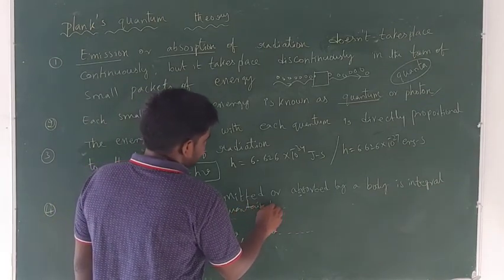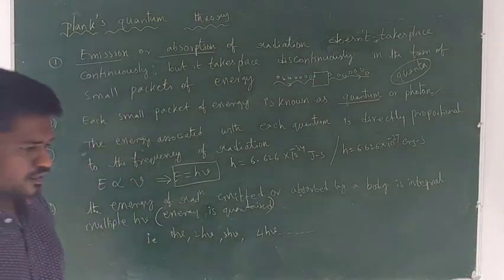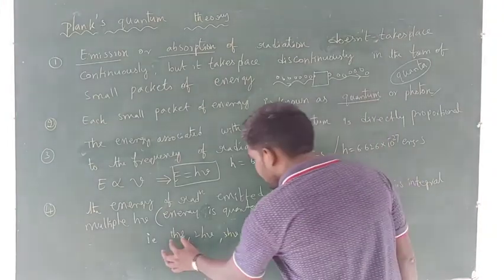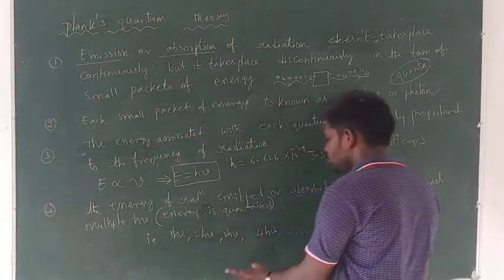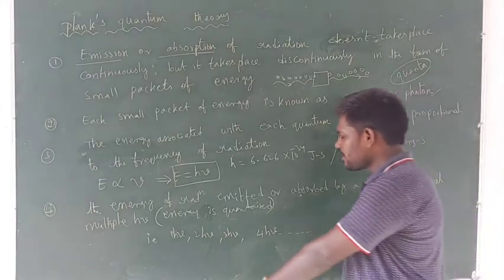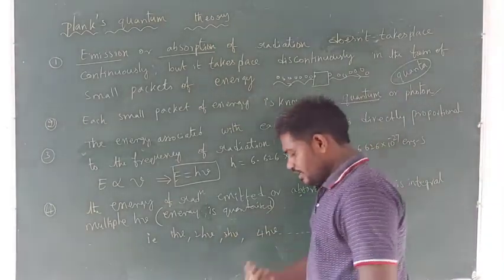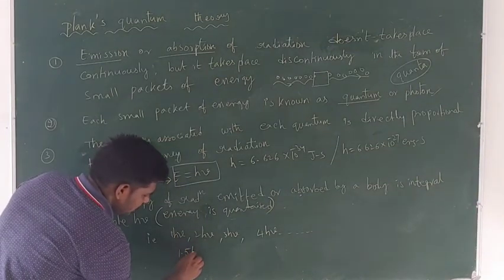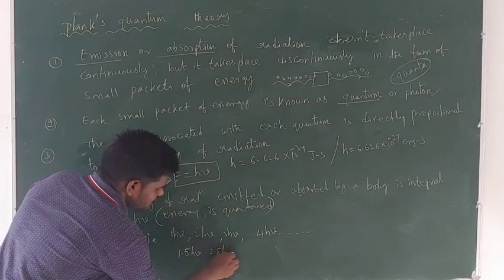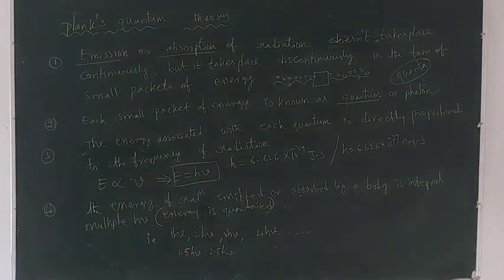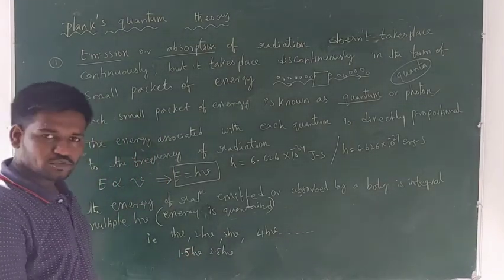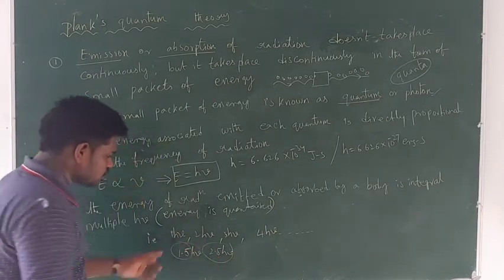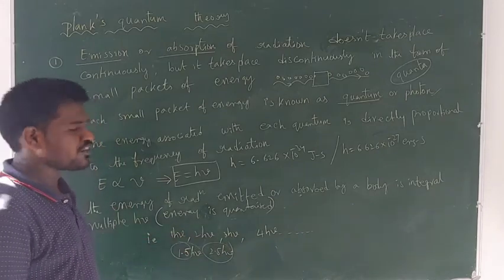It means that during absorption or emission, a body emits the radiation as 1 h nu or 2 h nu or 3 h nu, 4 h nu, in the form of integral multiples of h nu. But it does not emit the radiation as 1.5 h nu or 2.5 h nu. So emission or absorption of energy by a body does not take place in these forms. It takes place only in integral multiples of h nu.